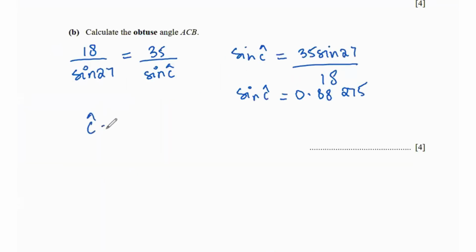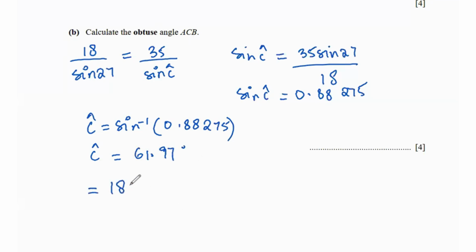So angle C would be sine inverse of 0.88275, which is going to give us 61.97. They said obtuse angle. So for the obtuse angle, we'll do 180 minus 61.97, which is going to equal 118.03 degrees. That is your answer.